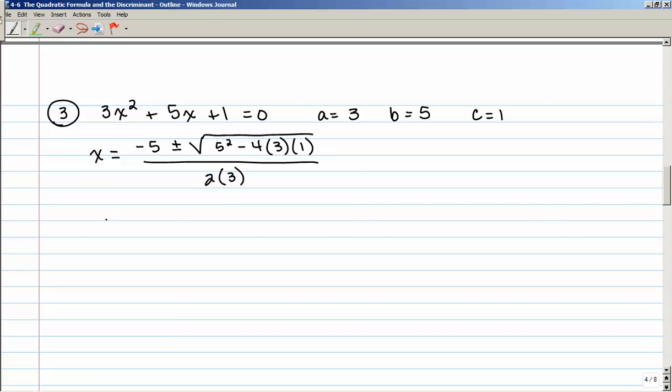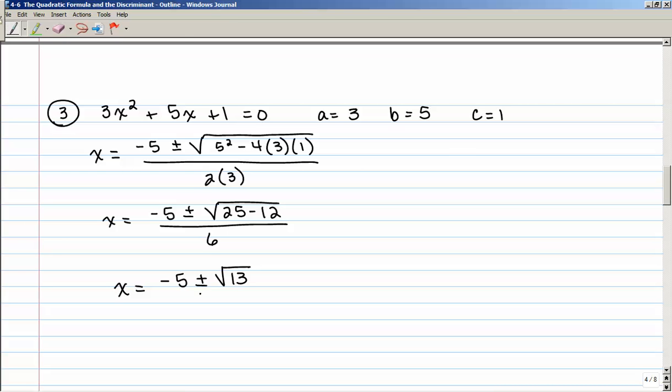Or x equals negative 5 plus or minus the square root of 25 minus 12 all over 6. X equals negative 5 plus or minus the square root of 13 over 6.